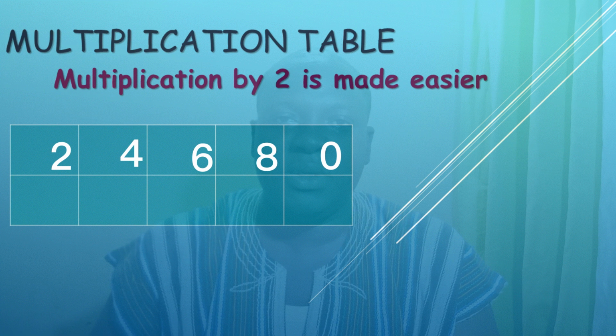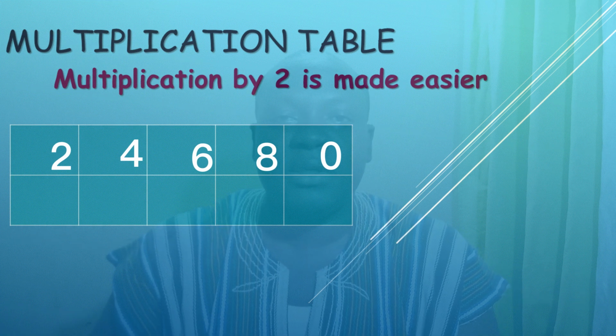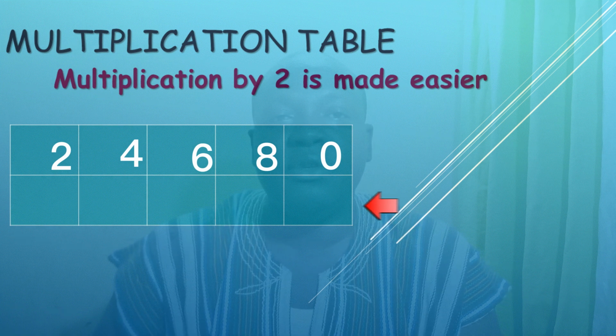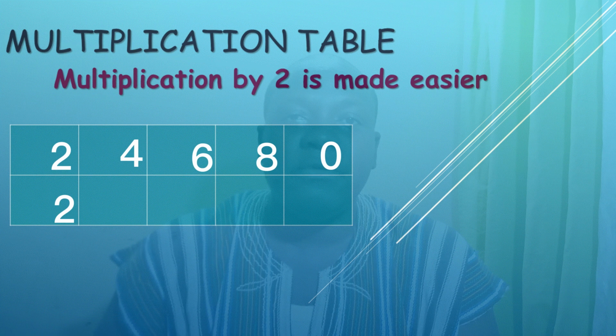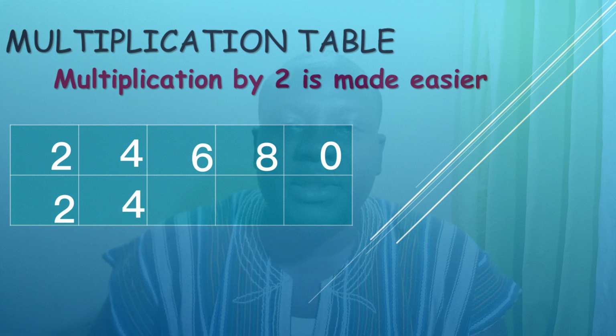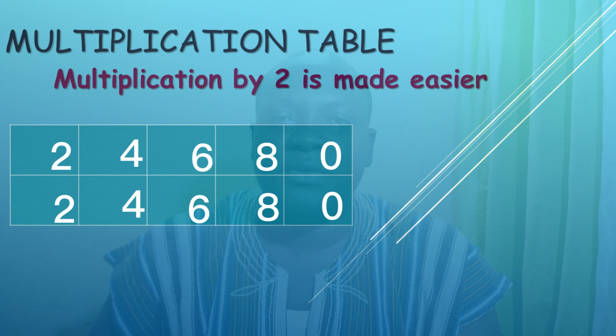Very good. And at the lower part of the grid table, we are going to write the same set of numbers. They are 2, 4, 6, 8, and 0. Please notice how we wrote these numbers.